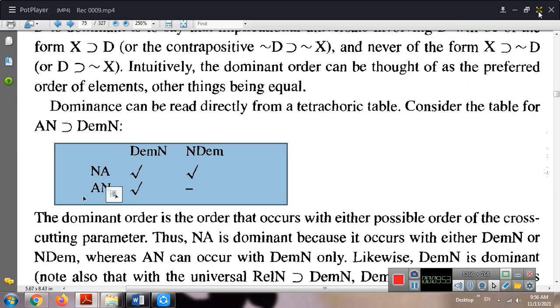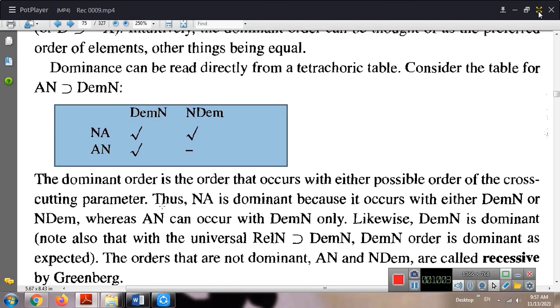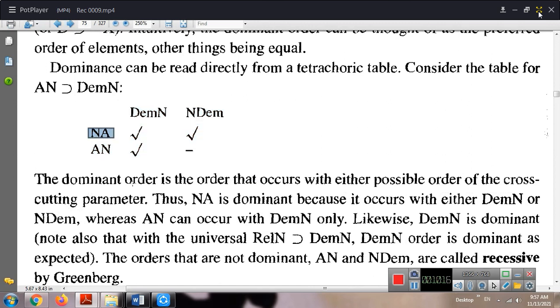But when we have adjective noun, just then we have demonstrative noun, not non-demonstrative. The dominant order is the order that occurs with either possible order of the cross-cutting parameter. Thus, noun adjective is dominant, dear student.